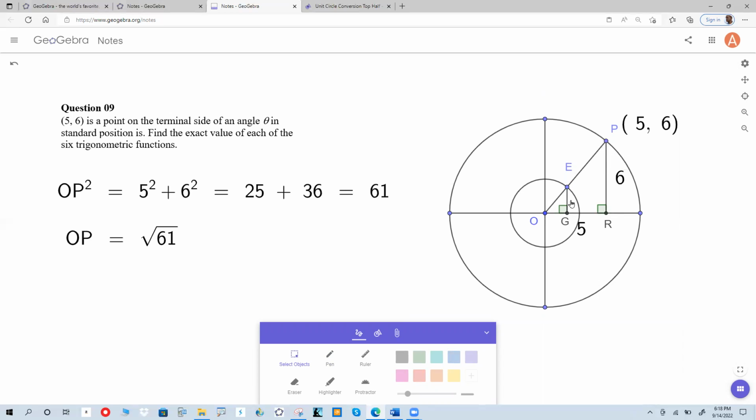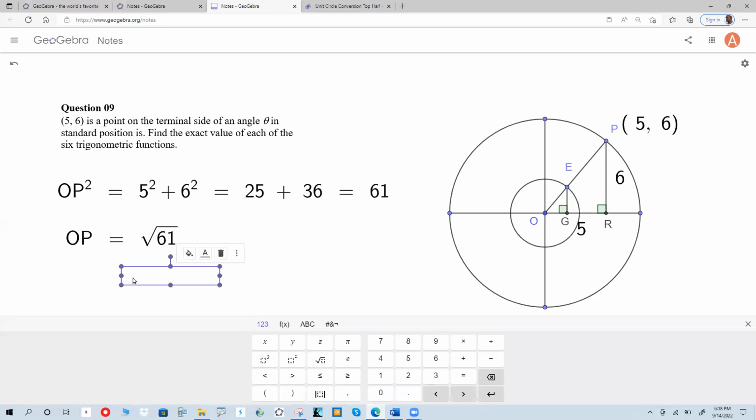So I want to know EG. EG is going to be 6 over the square root of 61, and OG is going to be 5 over the square root of 61. And that tells me the coordinates of point E. I'm going to carefully write it as follows.